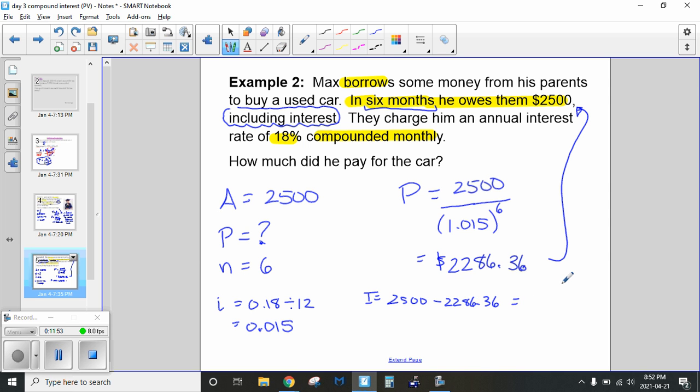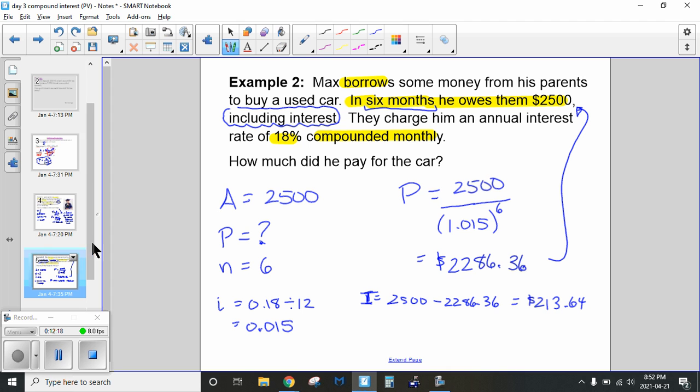So I'll do that just quickly out of curiosity. 2,500 take away 2286.36, and that is $213.64. So his parents weren't messing around. They said, yeah, you can borrow the money, but you're going to be paying us interest. And that's not a small amount.